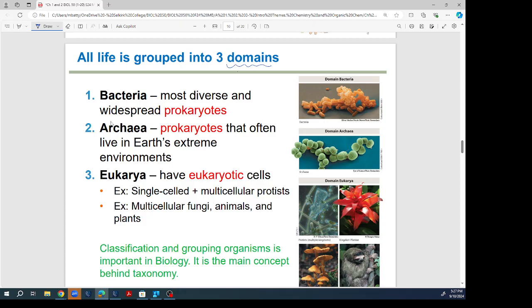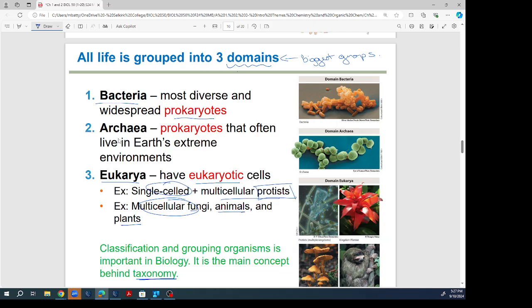And so as we go into taxonomy throughout this course, when we talk about animals and plants, the biggest groups, so these would be the biggest groups of life, are bacteria, and I've already said that they're prokaryotes, and eukarya, so those are all eukaryotic cells, so that would be animals and plants, also some fungi in there, and single-celled and multicellular protists.